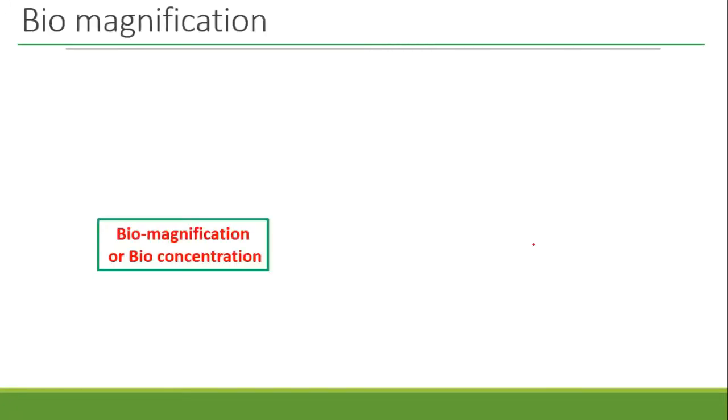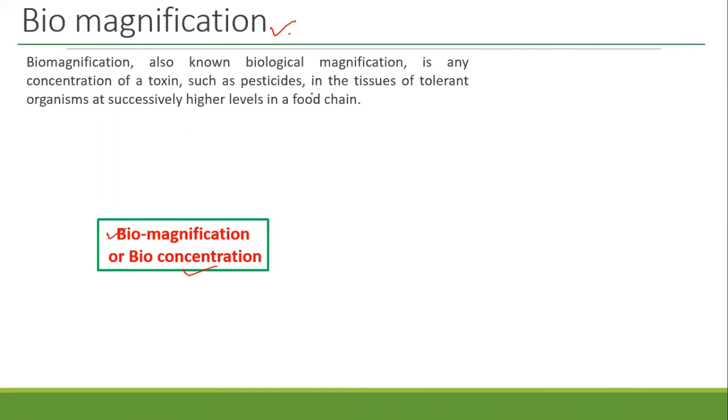Now we come to a very important topic among this, and that is biomagnification. When we are seeing the issues of DDT, this is a concept called biomagnification or bioconcentration. This is the process in which the concentration of a toxin or toxic chemical such as pesticides accumulates in the tissues of tolerant organisms, and it passes to successively higher levels in the food chain.